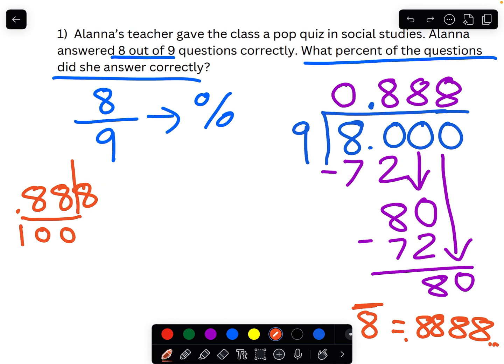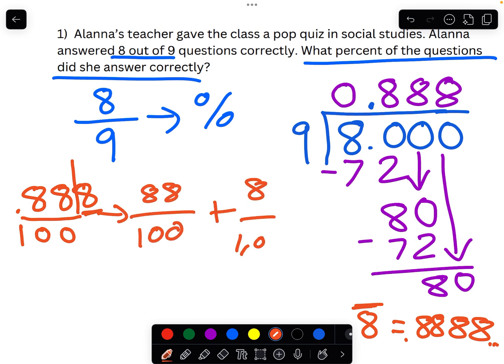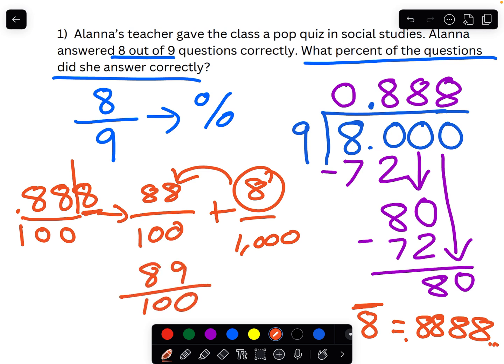And then we've also got these other decimals. We've got 8 out of 1,000. And because we are rounding, this number rounds the 88 up to 89 out of 100, and then we have 89%.